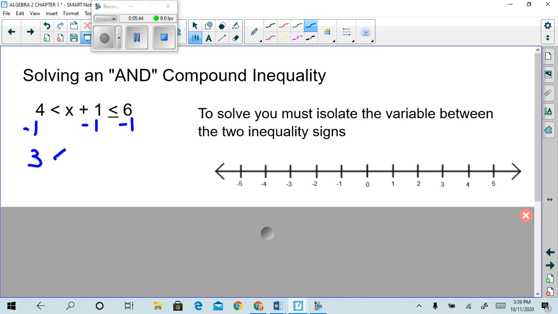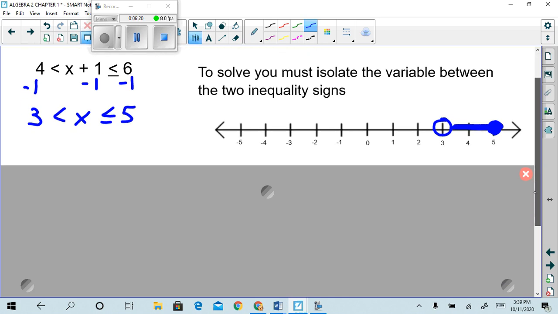This now gives me 3 is less than x, and x is less than or equal to 5. Sorry, I made a mistake there, that's 5. I'm going to find 3 on my number line, open circle, 5 on my number line, closed circle. This is an AND inequality. It says that x is greater than 3 and it's less than or equal to 5. An AND compound inequality meets in the middle.